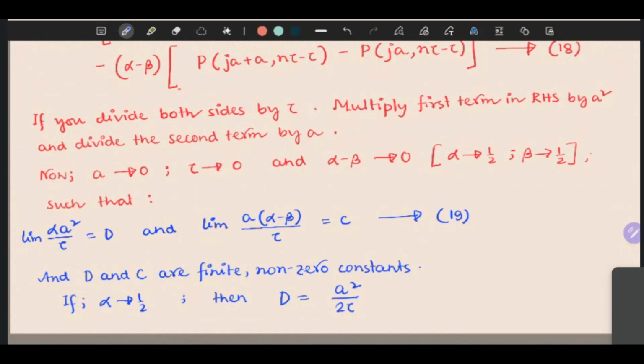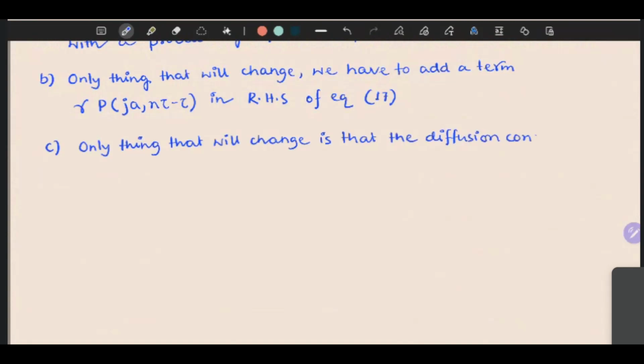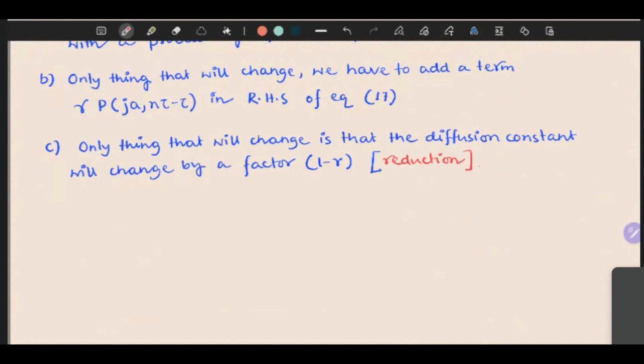So the only thing that will change is that the diffusion constant will change by a factor 1 minus alpha, and that will be a reduction. Okay.